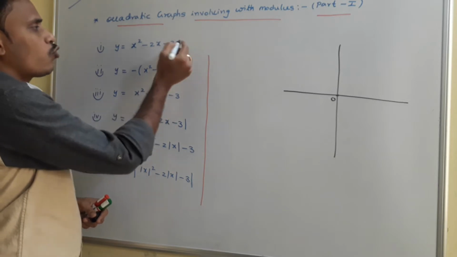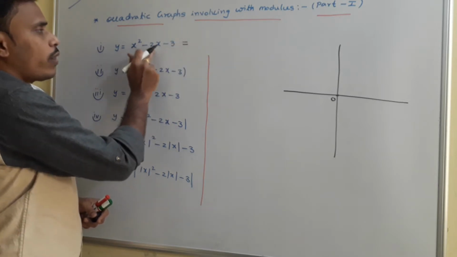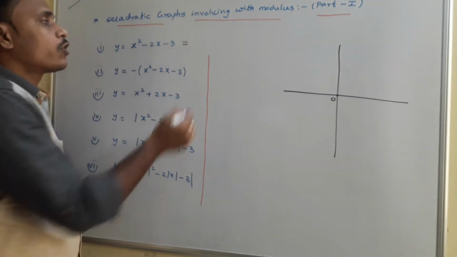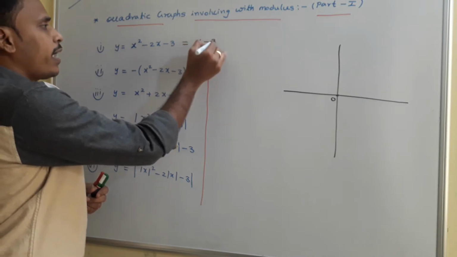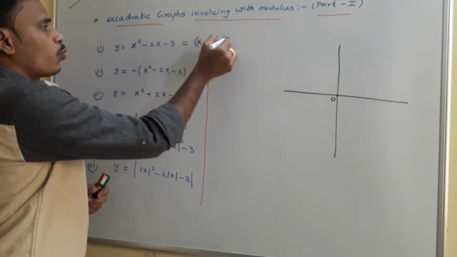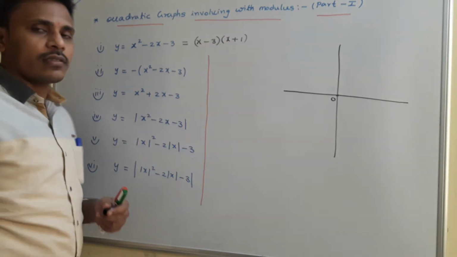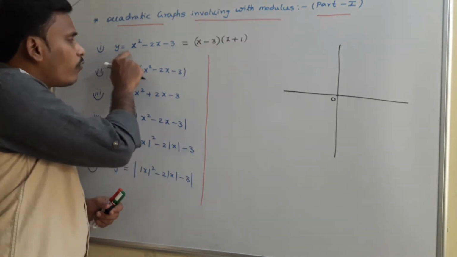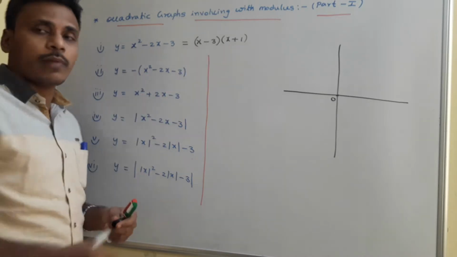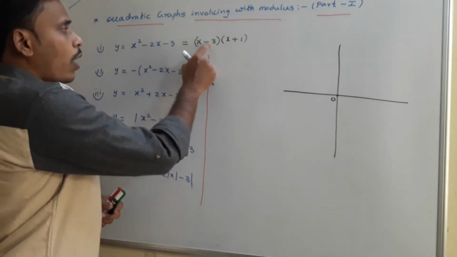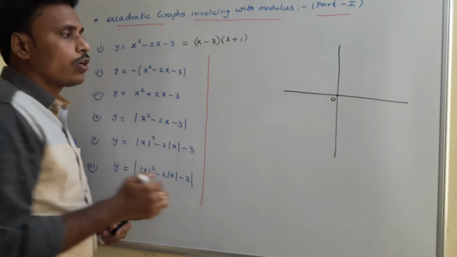We have a chance to express x square minus 2x minus 3 like this: x minus 3 into x plus 1. Just check it once. Since we can express this expression as x minus 3 into x plus 1, one root is 3 and the other root is minus 1.